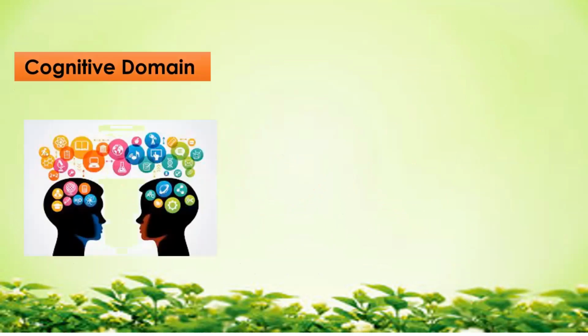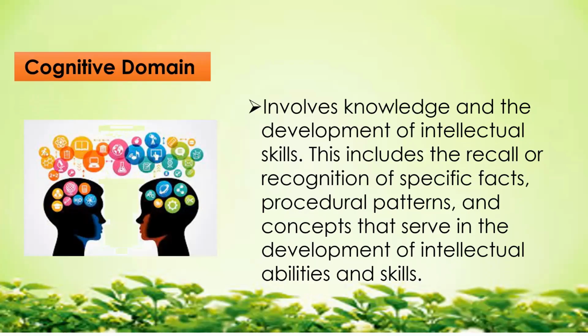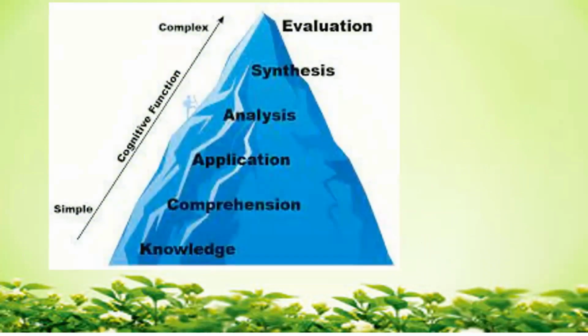Okay, first is the cognitive domain of learning. In the cognitive domain, it's more on using mental skills, or in other words, it focuses on acquisition, retention, and use of knowledge. So here are the levels of cognitive ability from simple to complex.